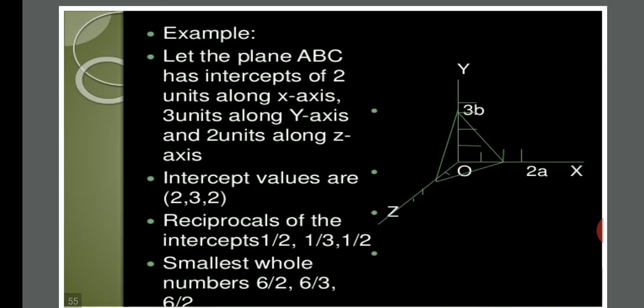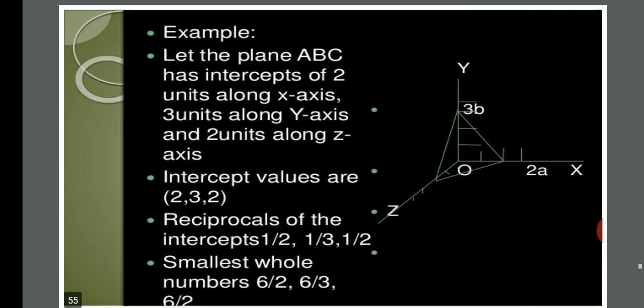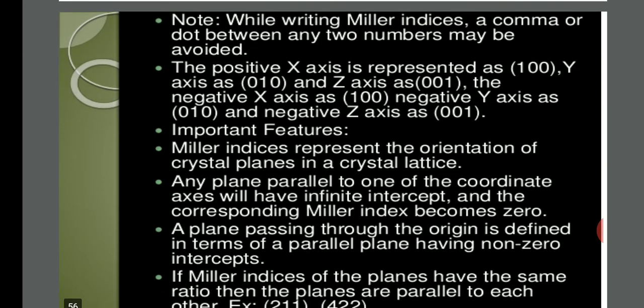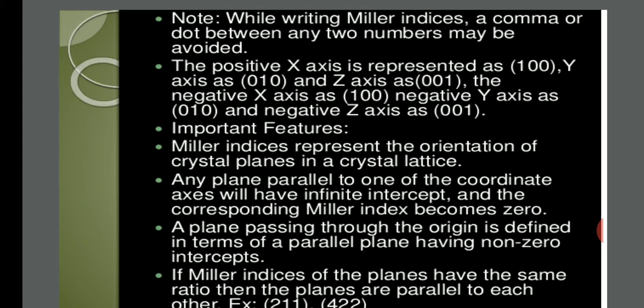Now take the smallest whole number: 6 by 2, 6 by 3 and 6 by 2. Note that while writing Miller indices, a comma or dot between any two numbers may be avoided.